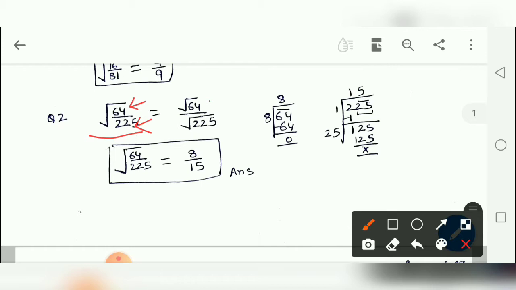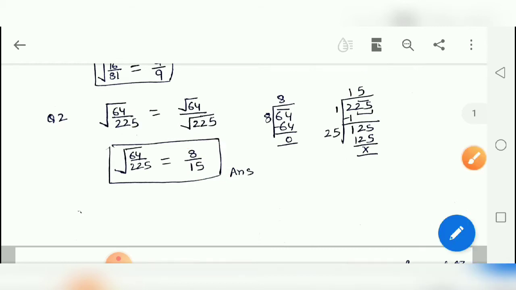This will be equal to the square root of the numerator upon the square root of the denominator. Here I have done the long division method for finding the square root, and the square root of 64 is 8 and the square root of 225 is 15. So 8 upon 15 is the answer.